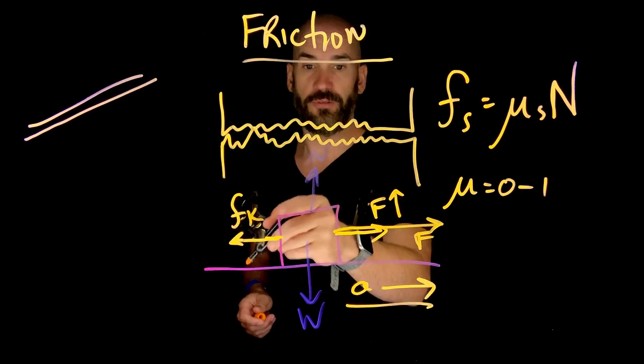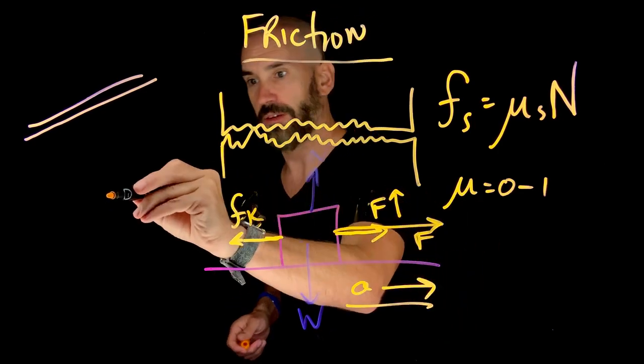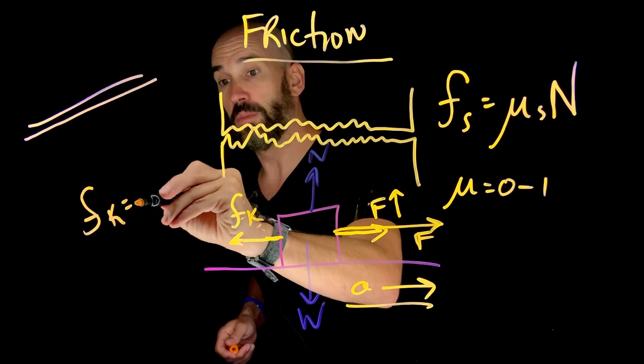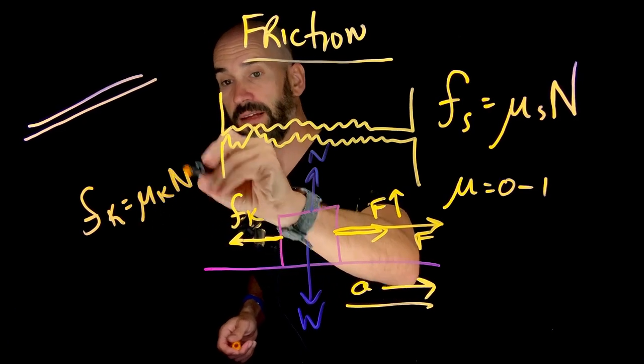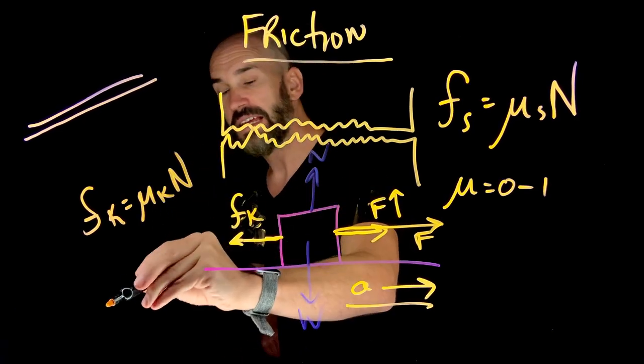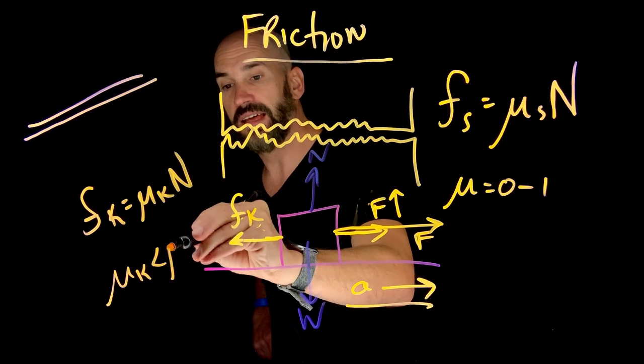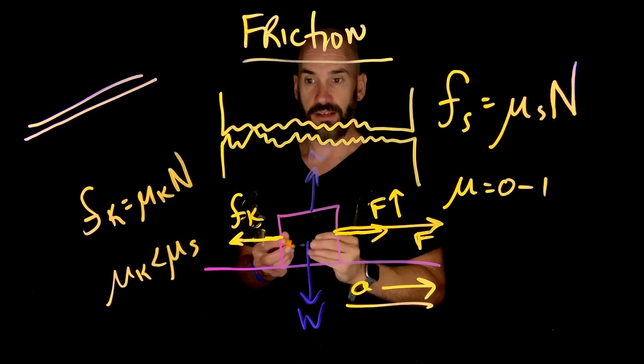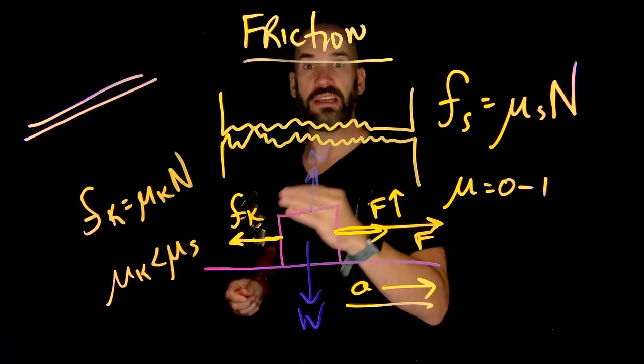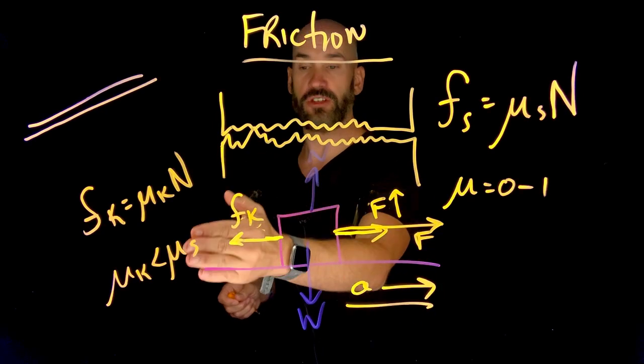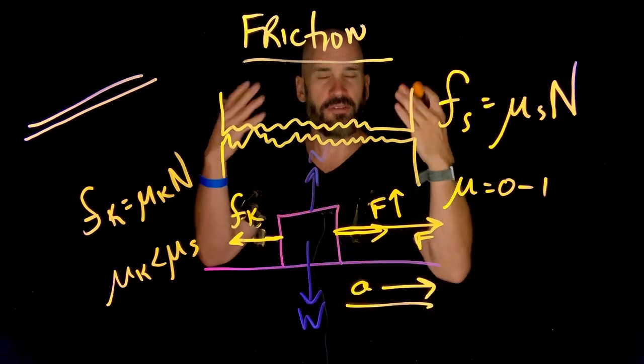The force of kinetic friction is, I'll write it over here, equal to mu k times n. And mu k is typically less than mu s.